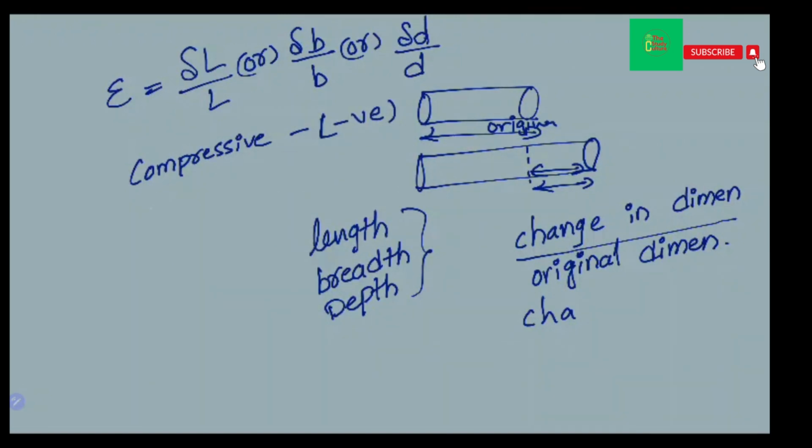For tensile, the sign is positive. Which means the change in length is higher than the original length, that is tensile, and opposite to that, where the original length is high and the change in length is low compared to the original length, that means compressive strain.